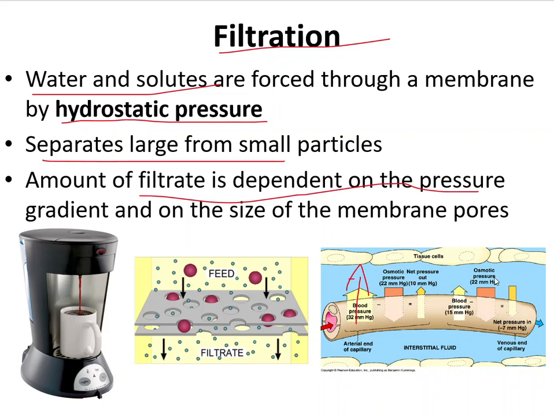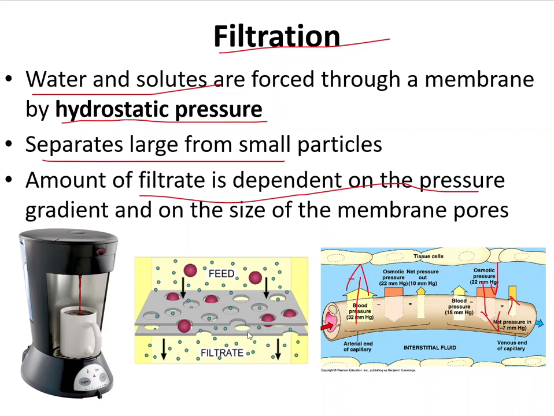When we get over here, the net pressure pushing in is higher than the pressure pushing out. So then we're going to push things into the capillary, like waste products. And there's the example of a filter where you have small openings, which many things are too big for, but some things can pass through.